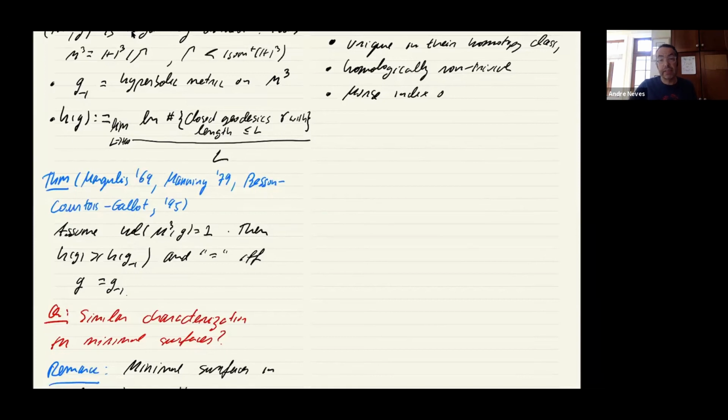For minimal surfaces, it's not like that, because you can have many minimal surfaces which are homologically trivial, and even in the same homotopy class you can have many minimal hypersurfaces. Of course, you have the area minimizing one in the homotopy class, but you can also have minimal surfaces which are unstable critical points within that homotopy class.